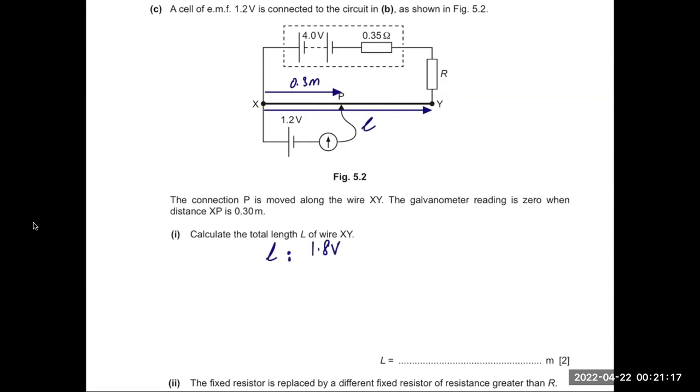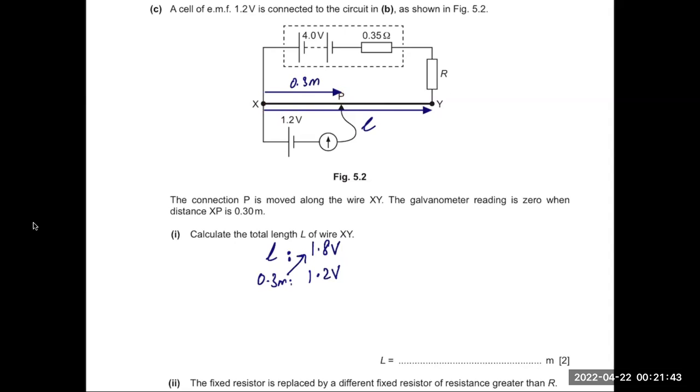And because it's balanced at point P, 0.3 meters, and the EMF of the battery is 1.2, I know that 0.3 meters experiences a potential drop of 1.2 volts. This will only be balanced if the potential drop across this wire is equal to the EMF of the battery.